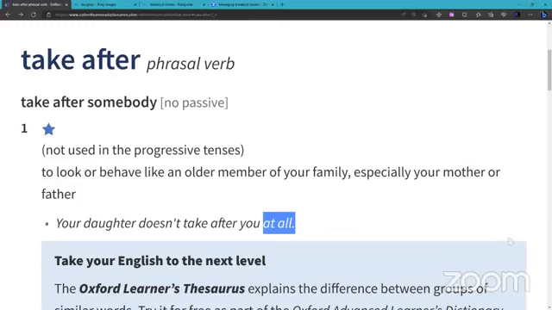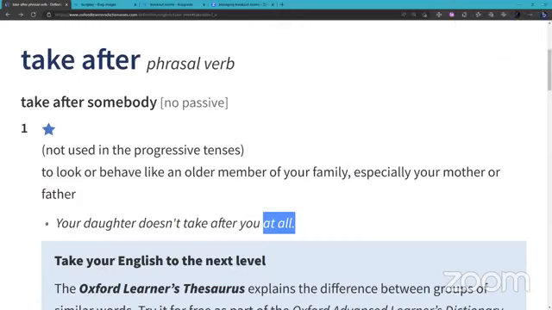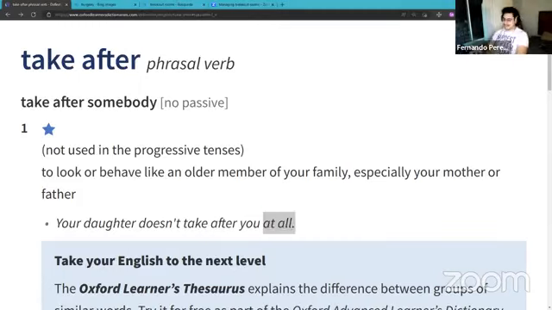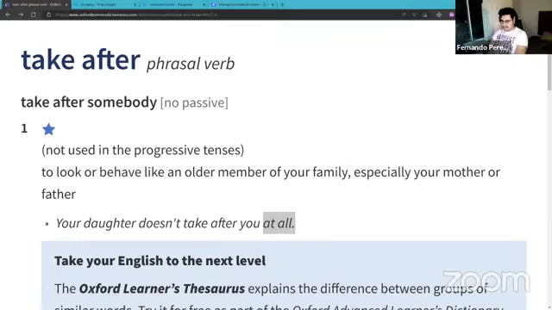Arrow, arrow, arrow. Exactly. Let's go. One more time. Your daughter doesn't look like you at all.